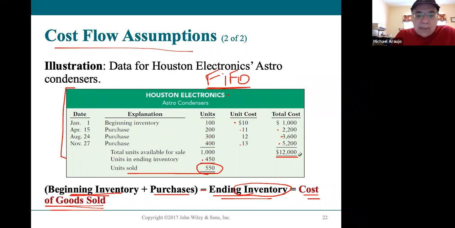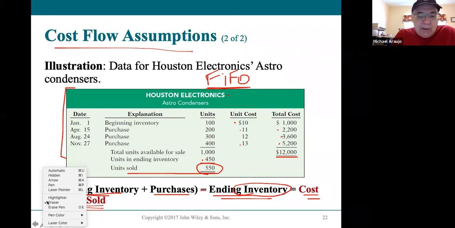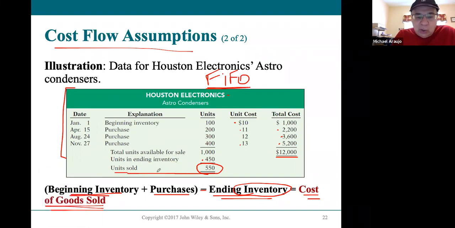Okay. I'm going to erase this piece here. So that would mean that in the FIFO method, if we sold 550 of these things, which ones were sold? Well, the first ones in are the first ones sold in FIFO. So the first ones in are on the top of the list. Okay. So the beginning inventory. So these 100 items are part of the 550 that we sold. Once those items are sold, the next 200 would be sold because we need 550.